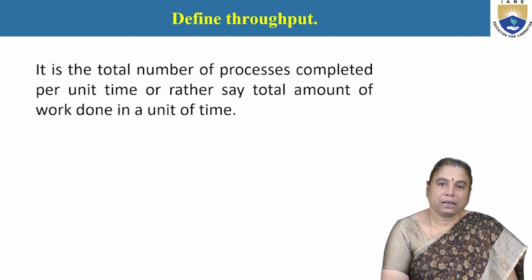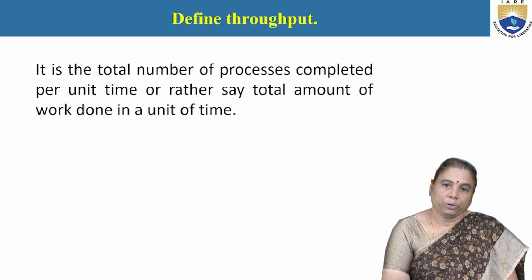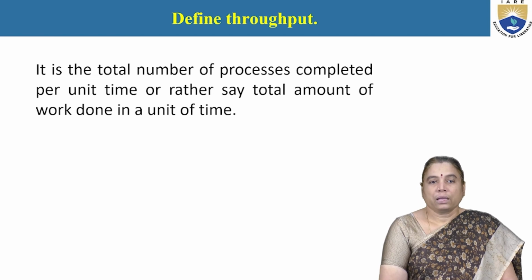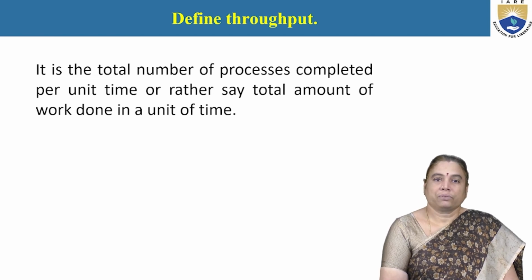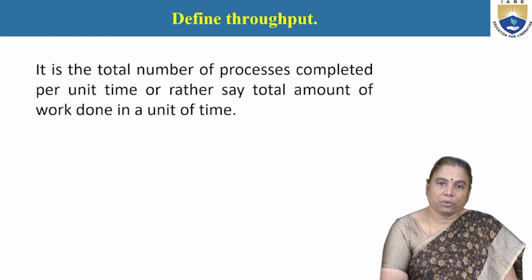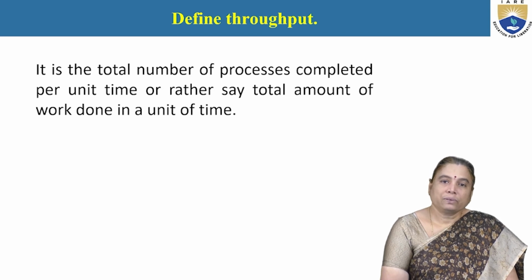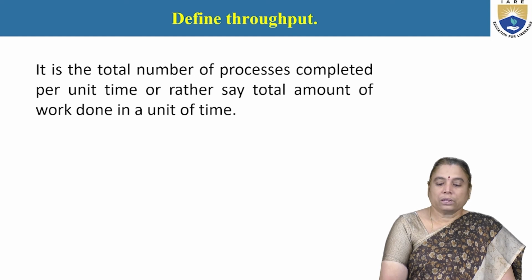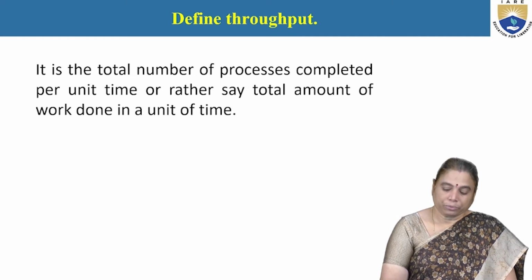In single program, single user and single tasking systems, the throughput is generally low. In a multitasking system, more than one user program has to be executed simultaneously. So the number of instructions executed per unit time can be more, so the throughput can be more.